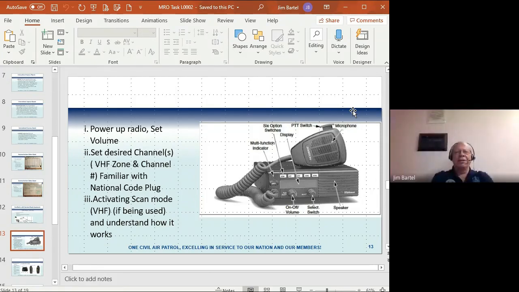Let me add something to this. That select switch down there that you push to change between zone and channel, it's a very momentary push. If you push it down for an extended period of time, like 2 seconds, what happens is the radio goes into a menu mode. And there's a variety of menus that are available, which you really don't want to mess with.